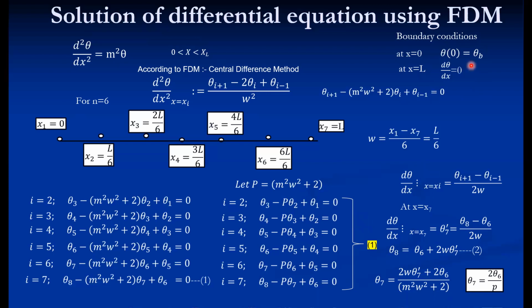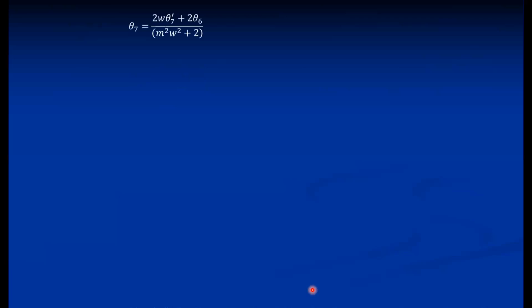Now we have converted all the boundary conditions into an integer boundary condition, not a differential boundary condition. And all the equations we have, this differential equation we have read, all these are a set of algebraic equations. Now, θ7 dash is equal to 0 and p is equal to this, so we get that expression.